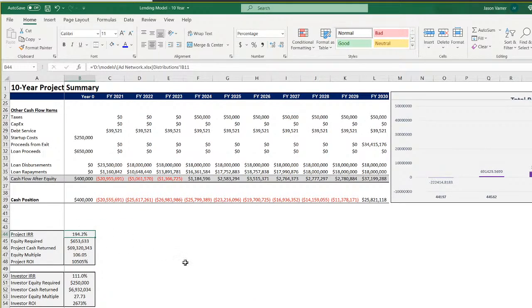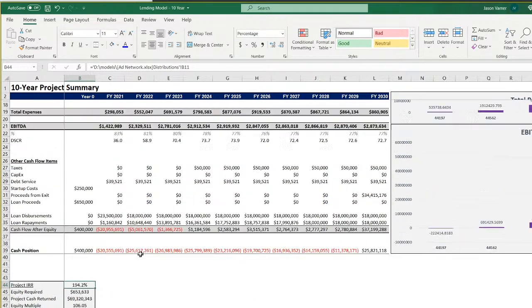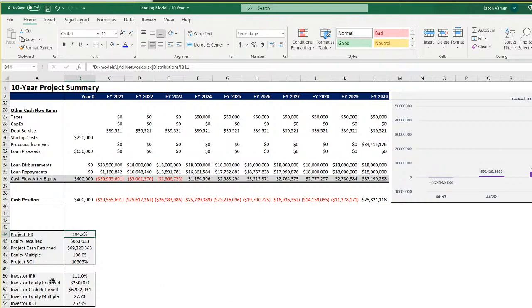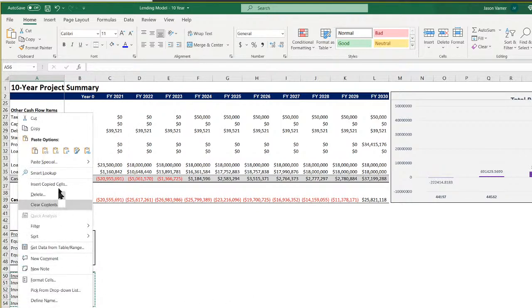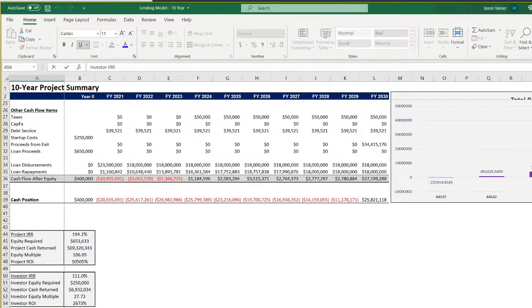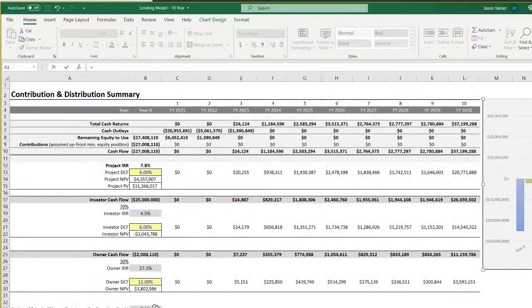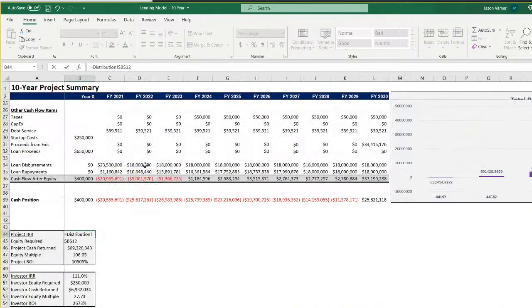Now, here's our project level summary. So, oh man, I didn't bring over the owner. So let's do it here, owner. All right, so project, we got to reference these. So the project internal rate of return is that.